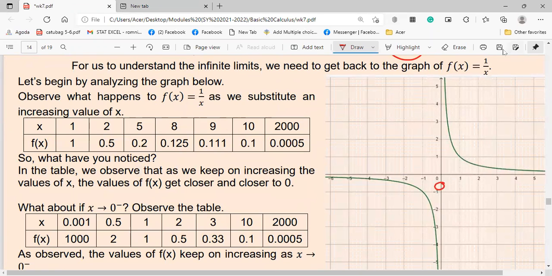Just like this. If we go back to the graph of 1 over x, makikita natin na habang nilalapitan ng values of x ang 0 mula sa right, ang ginagawa ng y keeps on increasing without bound. Dito naman, when x keeps on approaching 0 from the left, ang y ay bumababa.